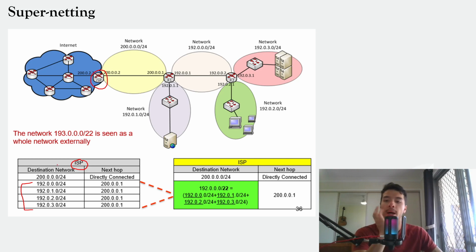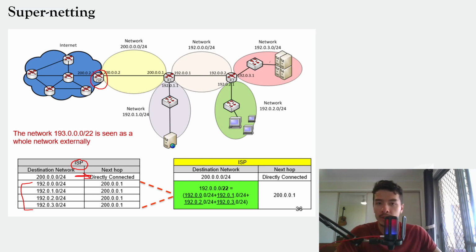You've obviously got 1, 2, 3, 4, 5 networks, and you've got this network right here too, which is directly connected, which means the next hop is straight away there.